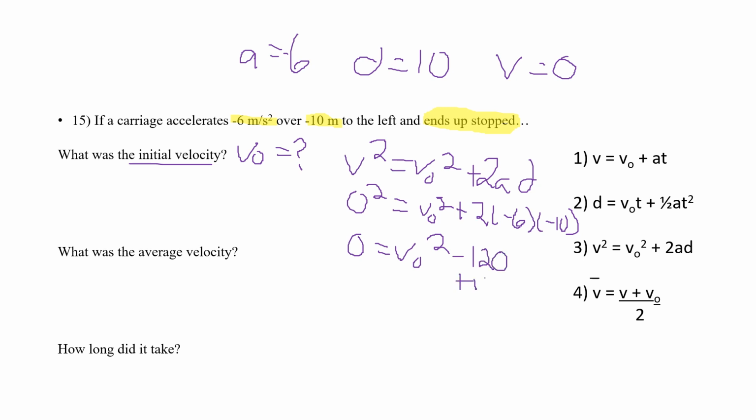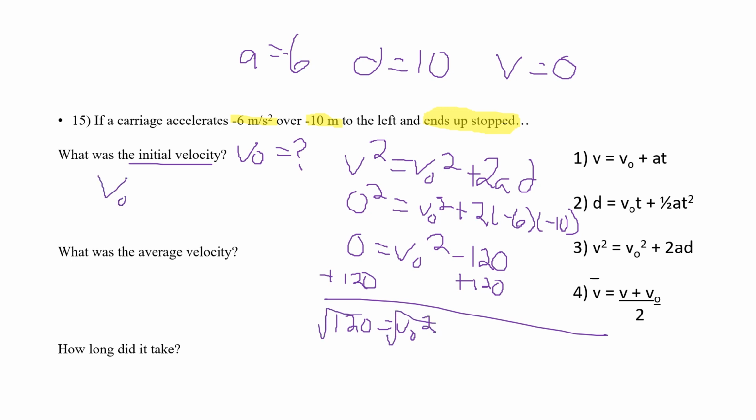Add 120 to both sides and square root that. The square root of 120 is, of course, 10.95. So 120 equals V naught squared, and we've got to square root that. So V naught equals 10.95. So ultimately, I just threw another variable in my list.